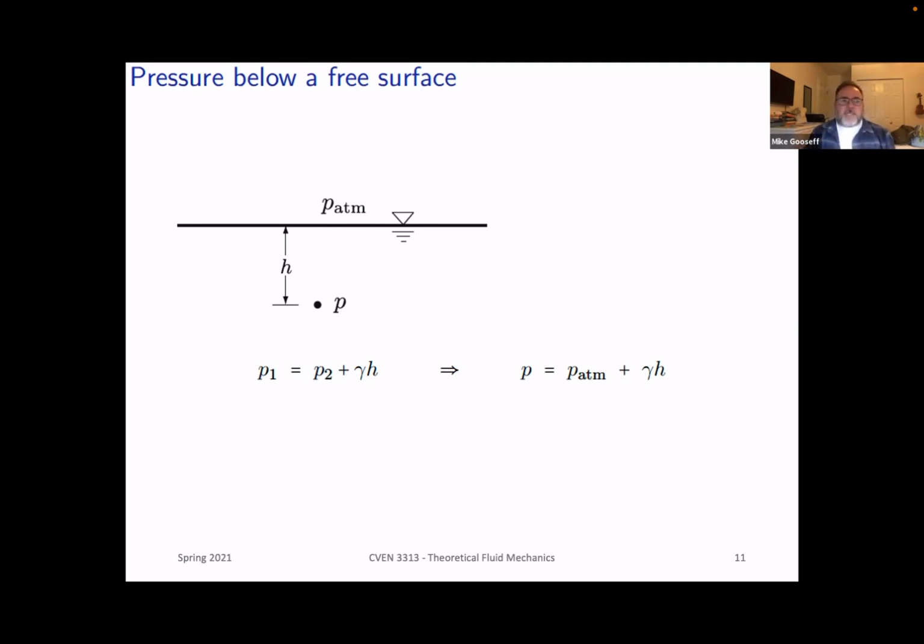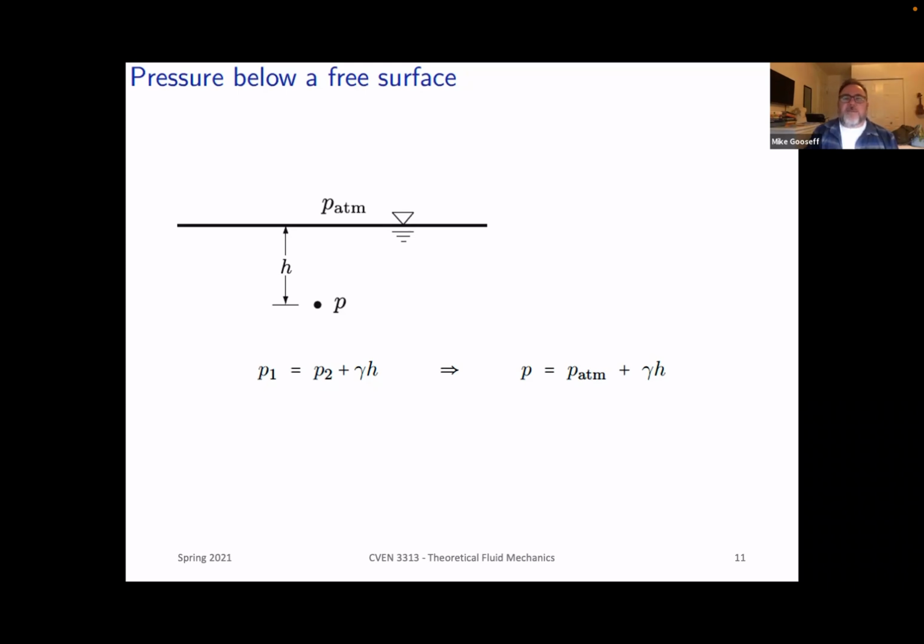In fact, it's about 101,000 pascals, or newtons per square meter, at sea level. So the pressure at this depth can be represented as the atmospheric pressure plus gamma times H. Gamma is the specific weight of this fluid, and we multiply that by H to figure out how much pressure gives us this difference between atmospheric pressure and pressure at depth.